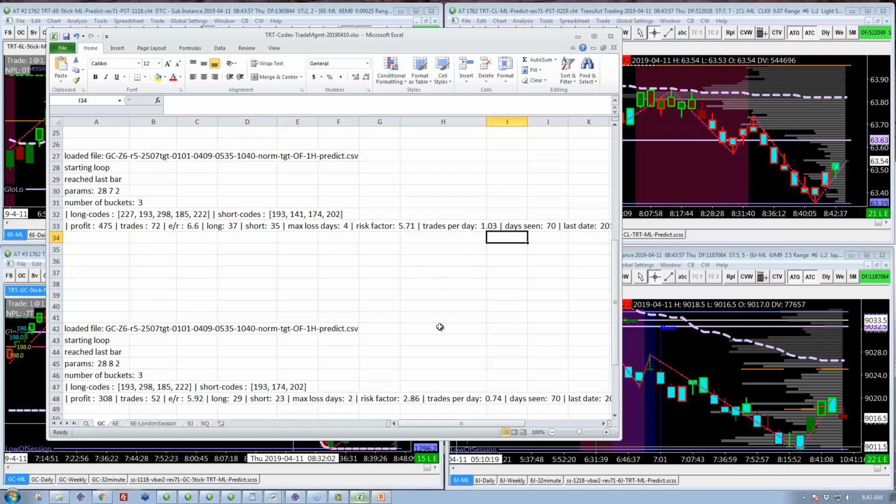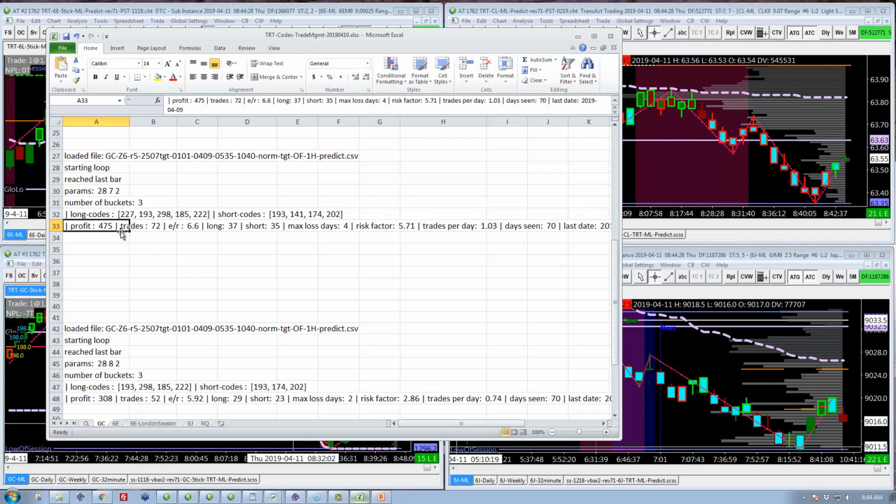The next level down, and you can see it in the parameters here, requiring 7 as trade quality yielded 475 profit, which is a good number. On 6.6 ER, also a good number, and then 1.03 trades per day, higher than I want. The next level is, we're getting more strict with the trade quality requirement of 8, and you can see the difference here.